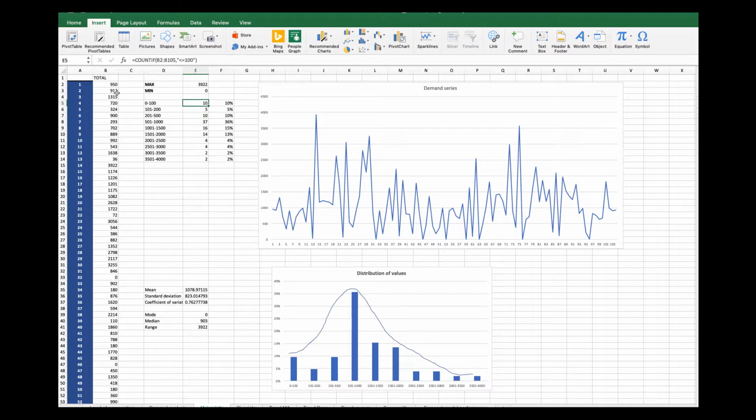So I know that here I have 104 values. These, of course, need to add up to 104, as you can see here. And you see how they are distributed. 10 fall within this interval, 5 here, 10 here, 37 here, 16 here, and so on.